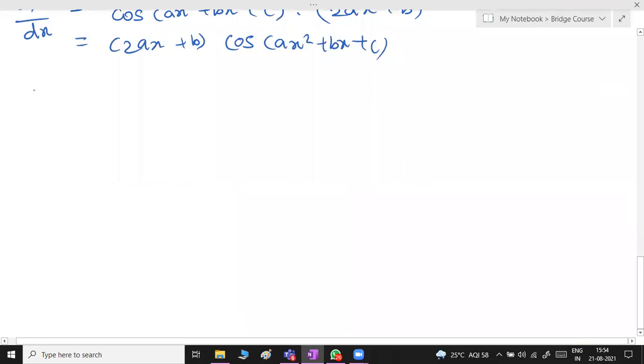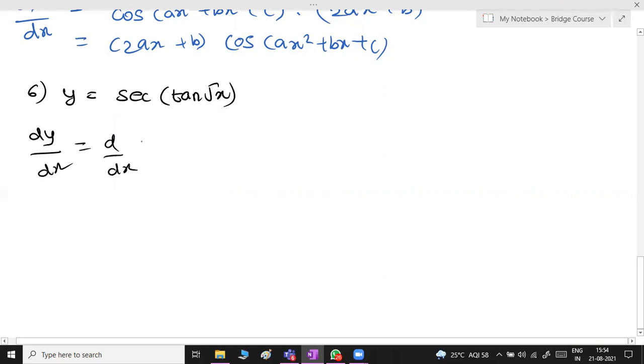That is question number 6. y is equal to sec of tan root x. So dy by dx is going to be d by dx of sec tan root x. Okay.